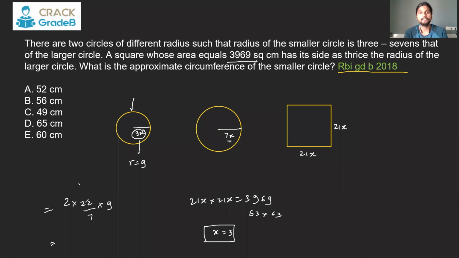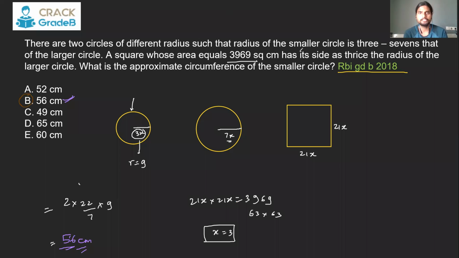So how much do we get? If you take 3.14, it is a little more than 54. The answer should be 56, as approximately is asked. So if you solve this, it should be 56 centimeter. Option number B should be the answer.